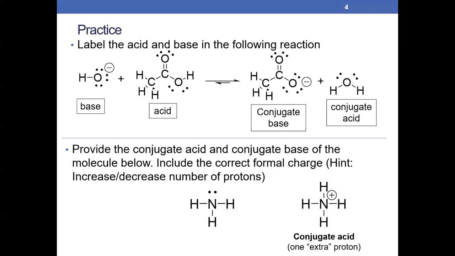If I have one additional proton, I have 4 hydrogens around that central nitrogen. Thinking about our formal charge calculation, nitrogen is in group 5 of the periodic table. Formal charge is the group number minus the number of lone pair electrons.